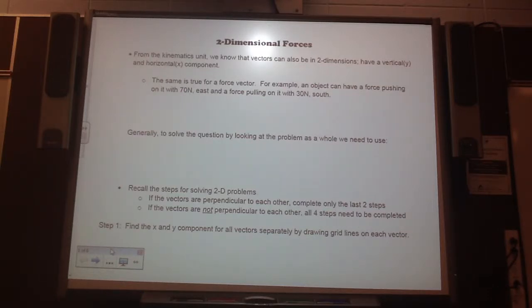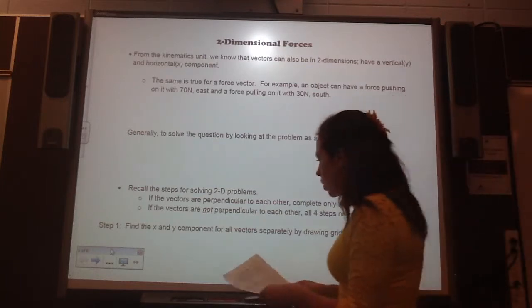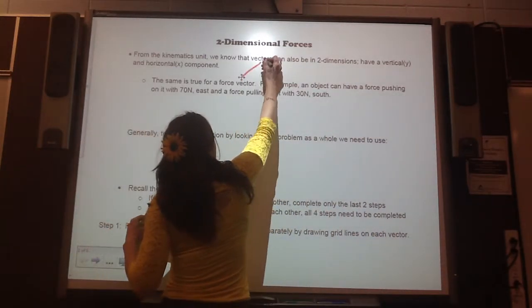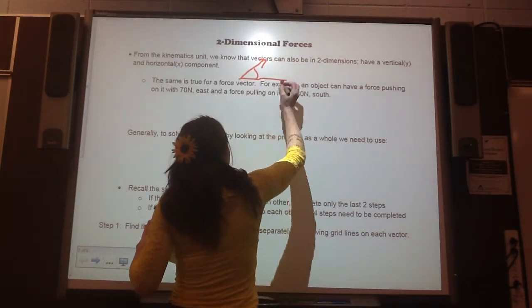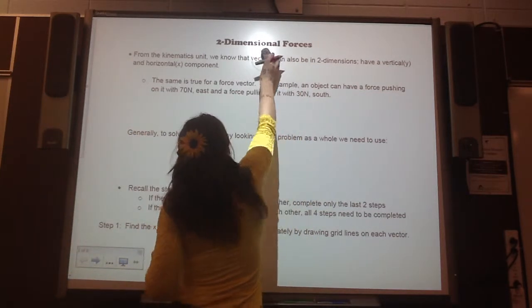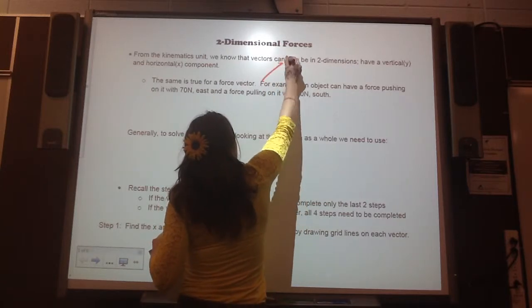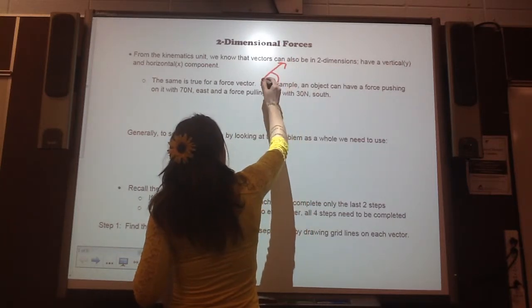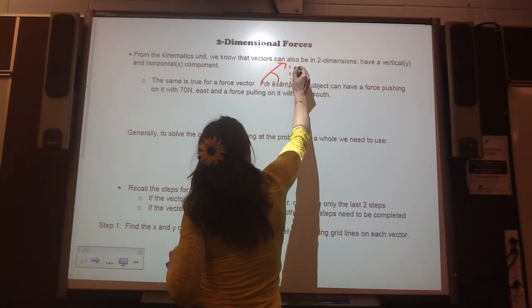All right, so from kinematics, we know that vectors can also be in 2 dimensions, so having vertical and horizontal. So things that are at an angle. Anything at an angle is going to have an x component and a y component.